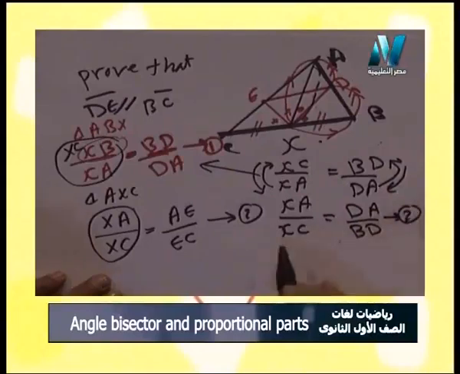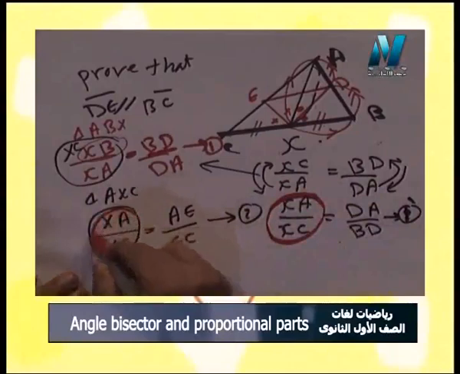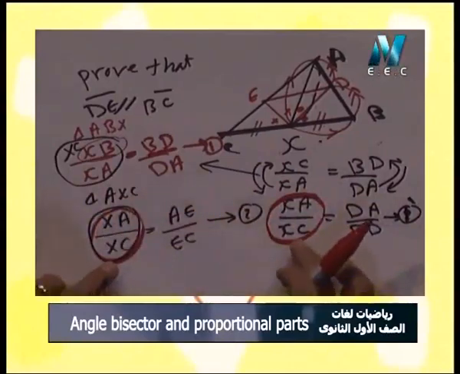So we have equation 2 and equation 1 dash. We have XA over XC in both, so it is the same ratio.